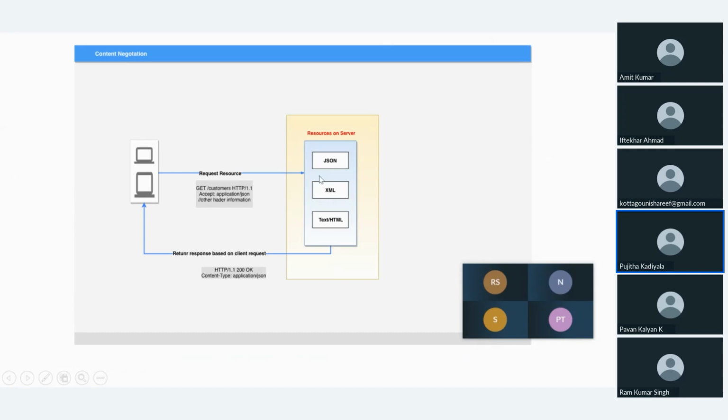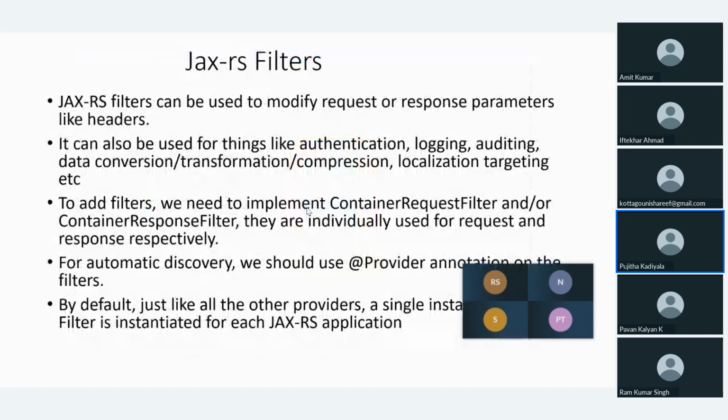These are the resources, the types of responses or requests you can expect from the server. You can select which kind of response you need. That is what we call content negotiation. And we'll move to filters.